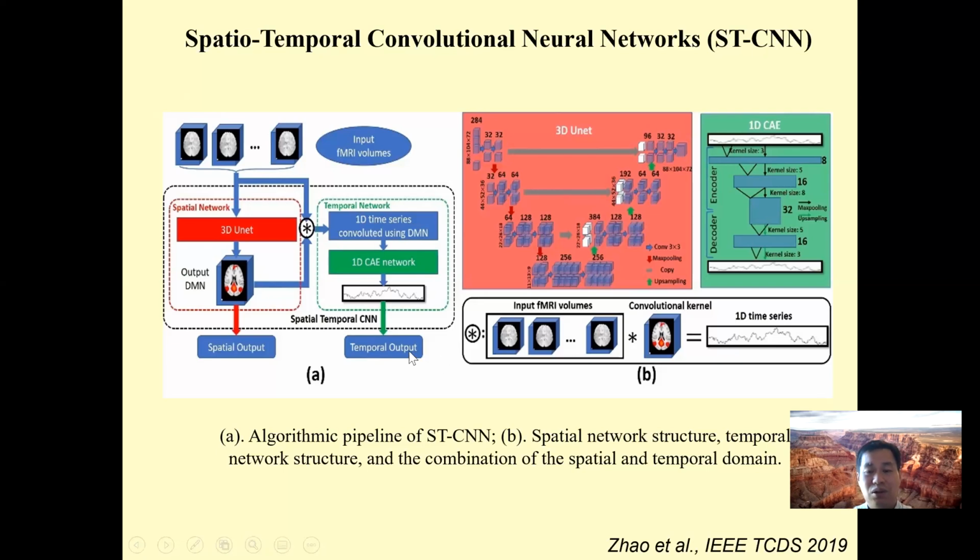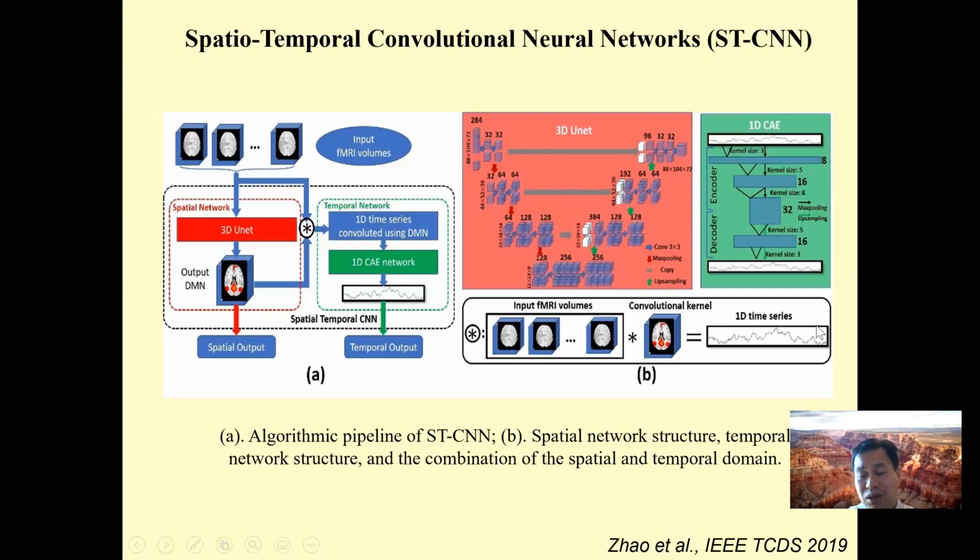Let me go through this whole process one more time because it's very complex. We predict the brain volume network from the 3D original fMRI data, so we have a map. We use the map as a convolutional kernel, and do the convolution on each volume in the time series, and then we have a one-dimensional time series.